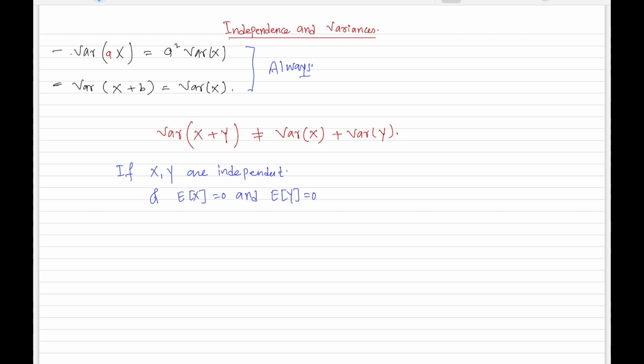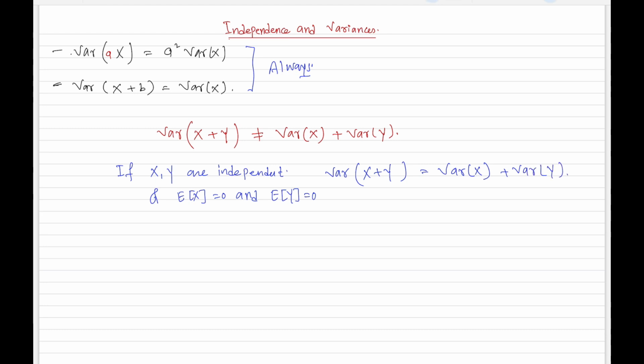Then in that case we can say the variance of the sum of the random variables x plus y is the sum of the individual variances of these random variables.